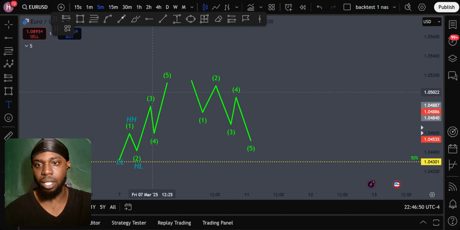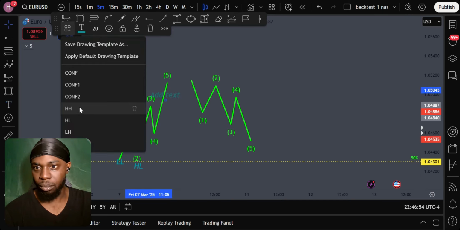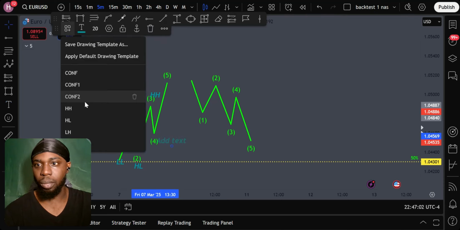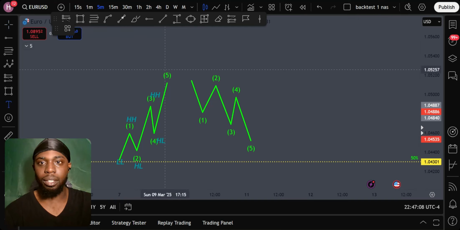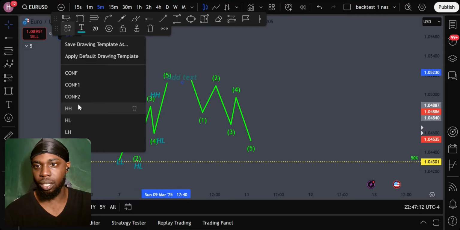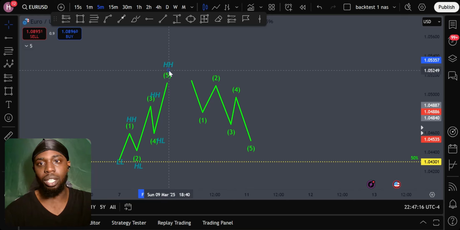Then it just kind of repeats itself. So then we would have another higher high here. We would have a higher low. And then another higher high. So that's basically how structure is ran.